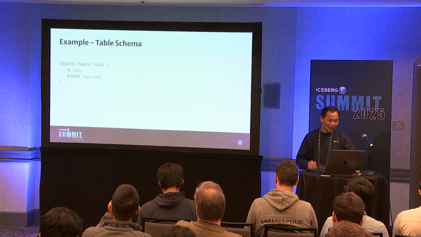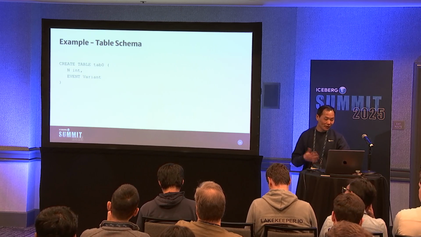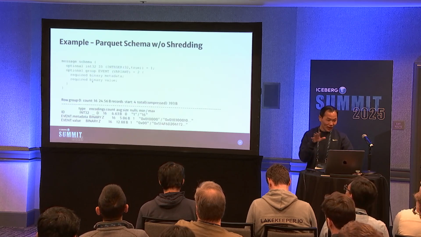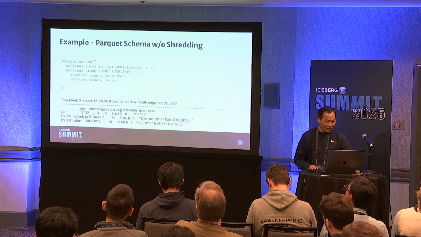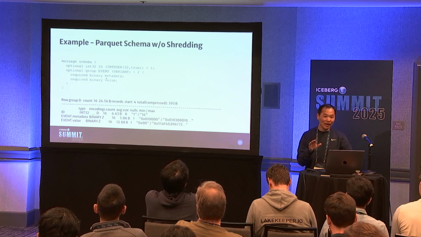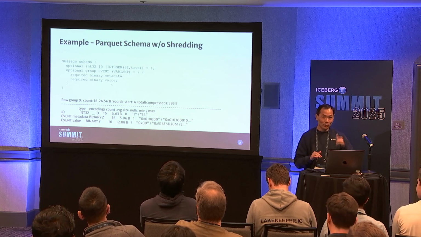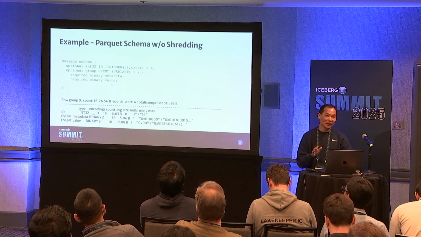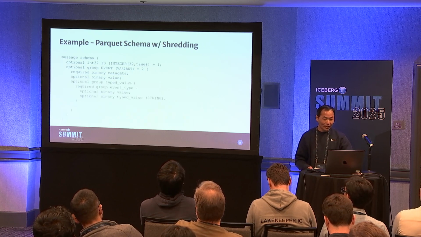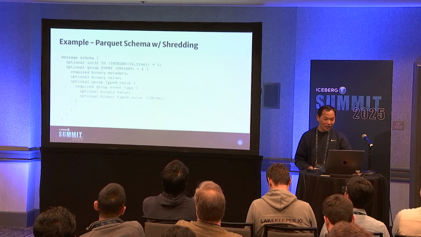Let's take a further example. It's a simple event variant column. As a Parquet example, this is without shredding. It's going to have two fields: one is metadata, and one is value. In this case, they are all binary fields. Then, if it's shredded, the schema is going to look like this.